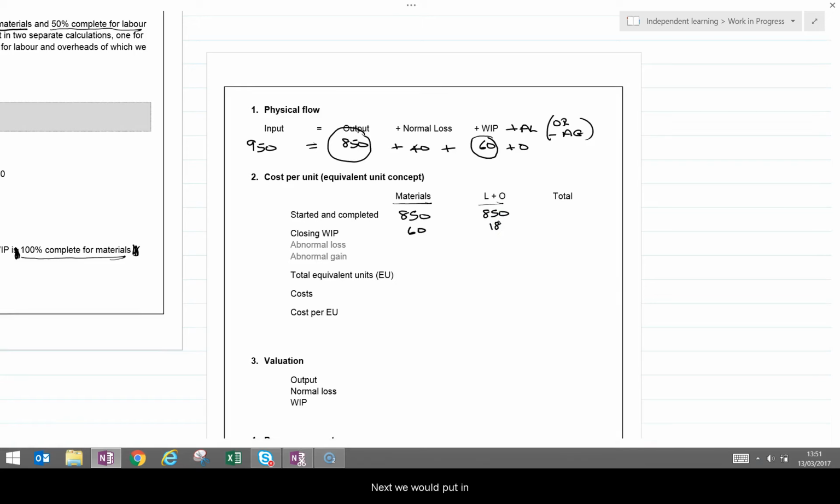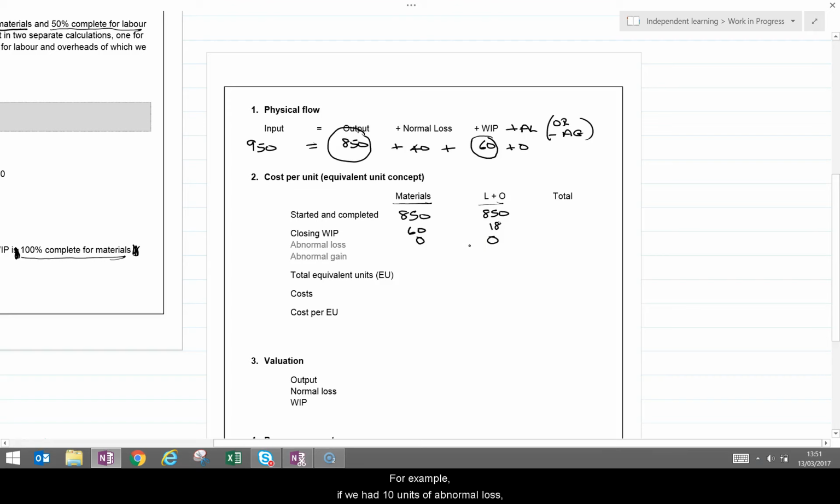Next, we would put in the abnormal loss. Now there is 0 abnormal loss in this example. But if you had an abnormal loss, you would put it in under both columns, and it would be the same figure under both columns.